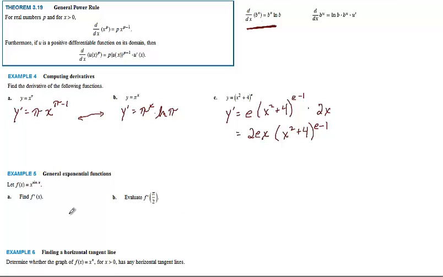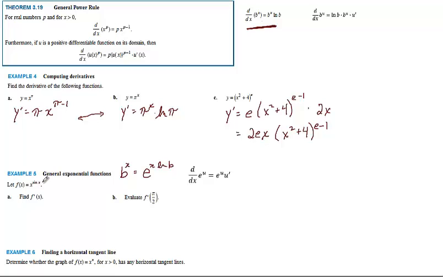Alright, this next one's going to be a booger. I went ahead and got these two rules here that I'm going to need. One is from the inverse property of logs, and the other is the rule for the derivative of e to the u. Notice here that I have x raised to some function of x. I have rules for x raised to constant powers. I don't have rules for x raised to some function.